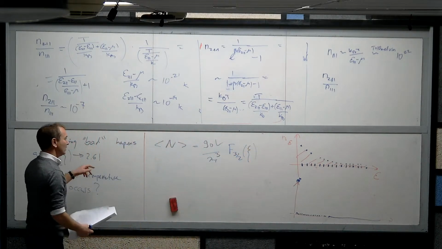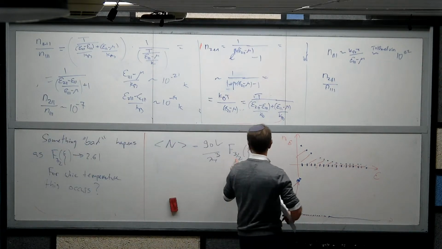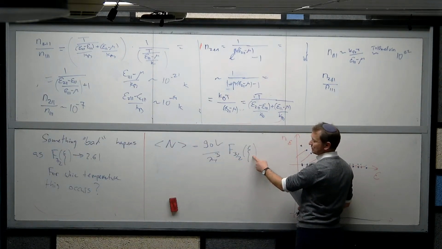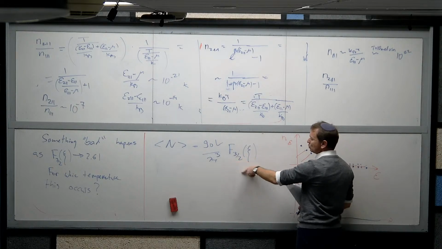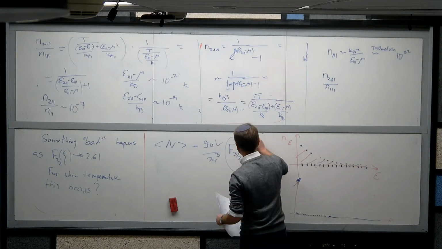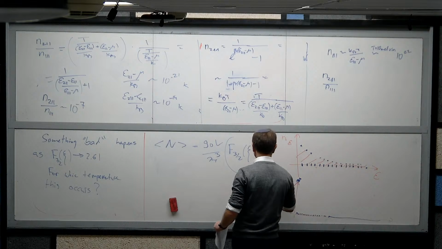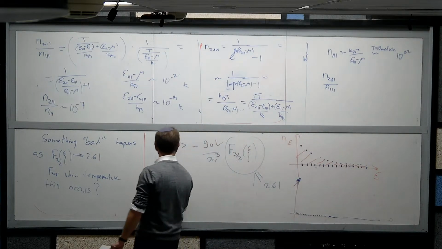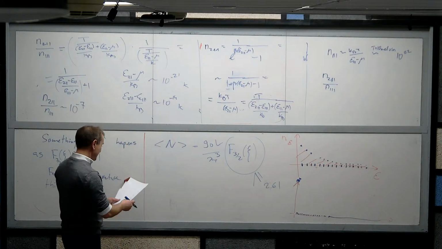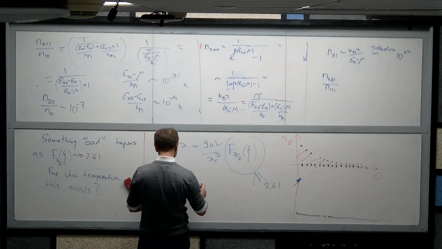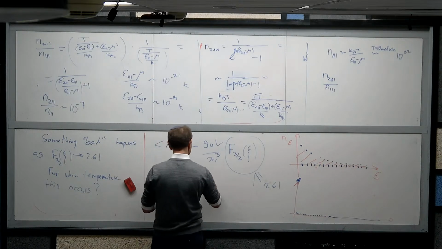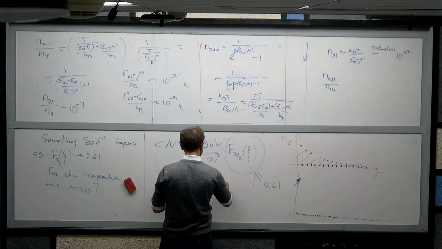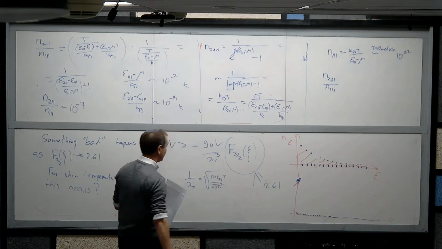We know that this function is limited by its value when the fugacity goes to 1, so all of this is smaller than 2.61. And 1 over lambda T is the square root of m k Boltzmann T divided by 2 pi h bar squared.